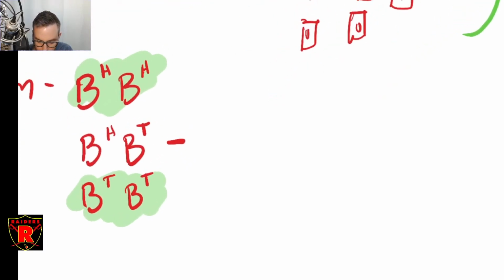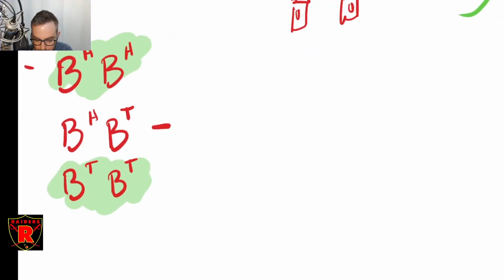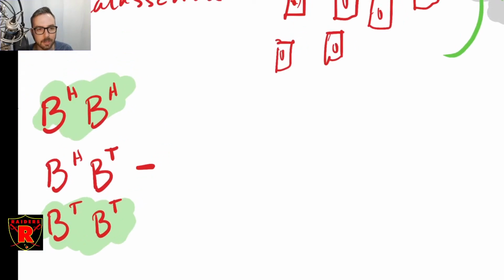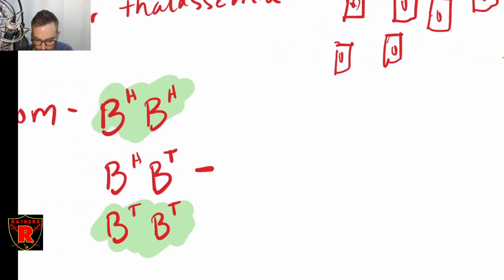So the middle one in incomplete dominance is a blend of the two, which means every cell is going to be expressing both. Every cell is going to be expressing healthy and thalassemic at the same time. That's the pink, the idea of the pink plant, which is that it's making white. Every cell is making white and red pigment.